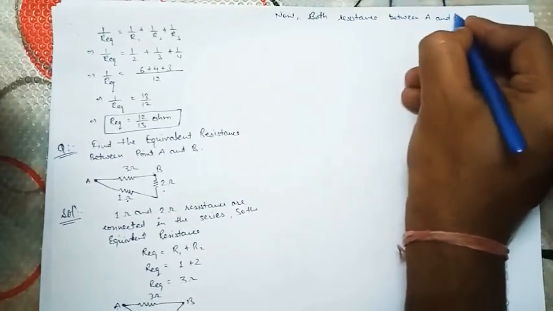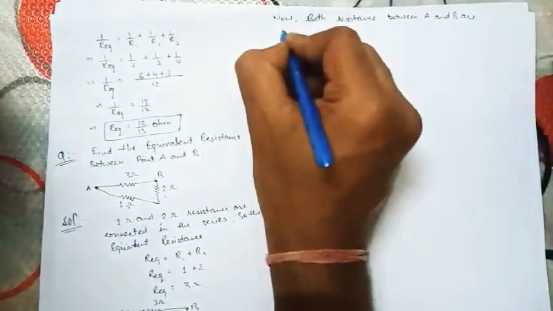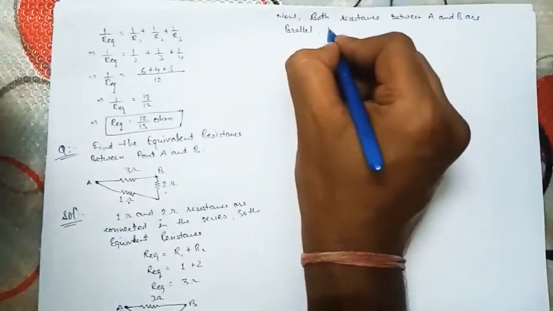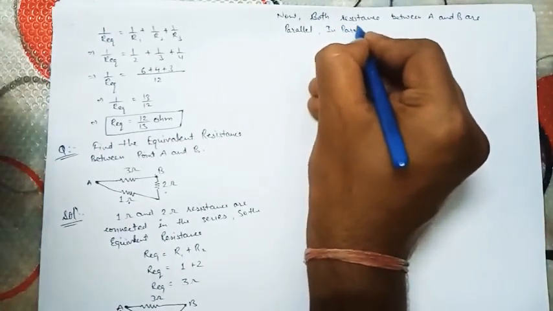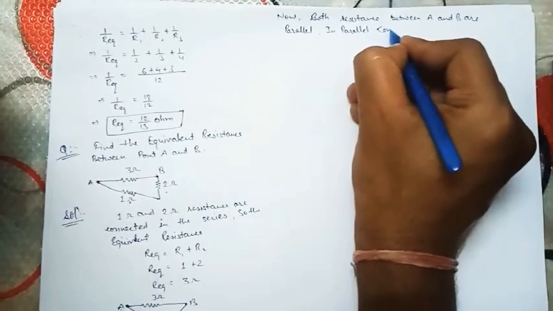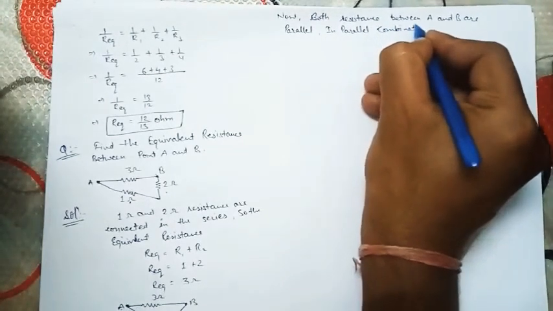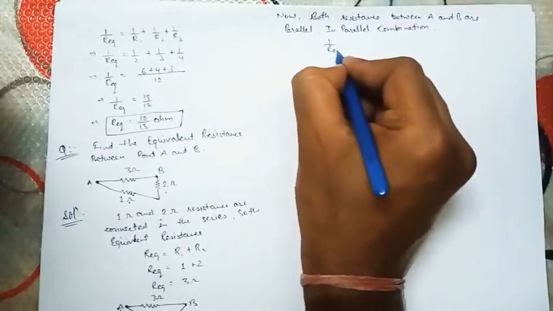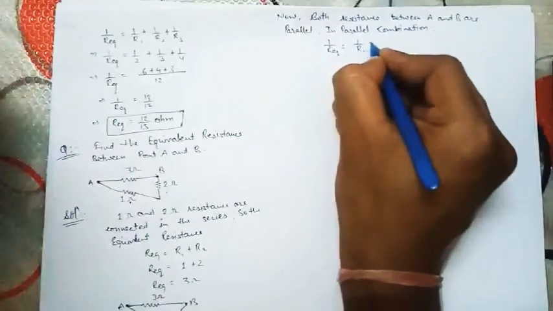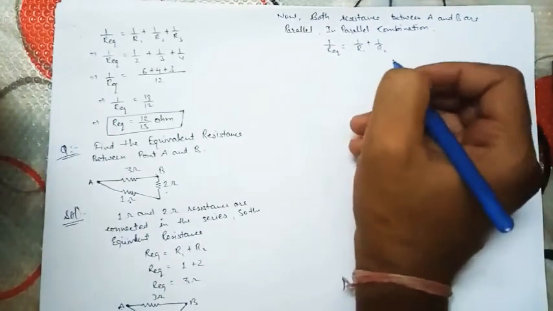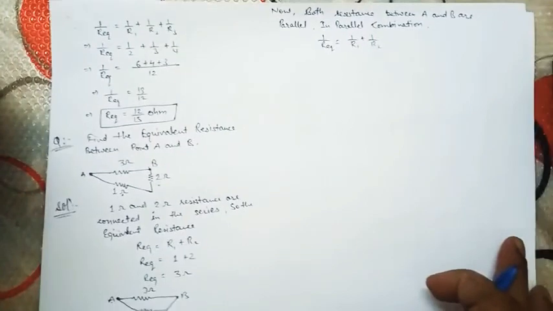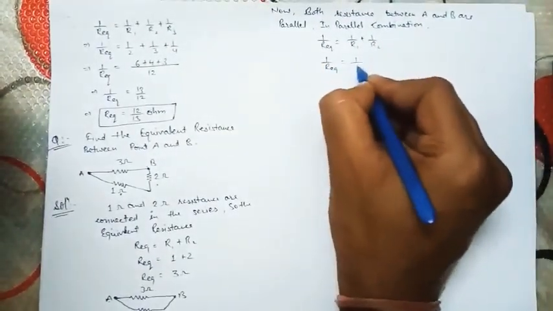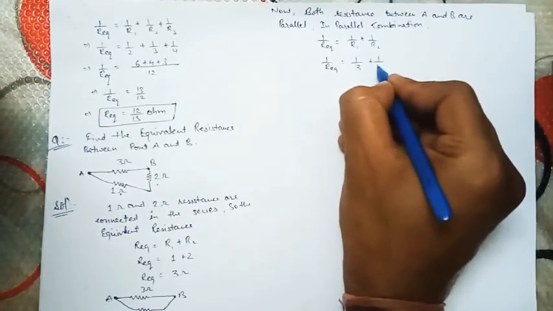Both resistances between A and B are in parallel combination. What is the formula of parallel combination? 1 upon R equivalent equals to 1 upon R1 plus 1 upon R2. Here is only 2 resistances, so we are using up to R2. So 1 upon R equivalent equals to, what is the value of R1? That is a 3 ohm. What is the value of R2? That is a 3 ohm.